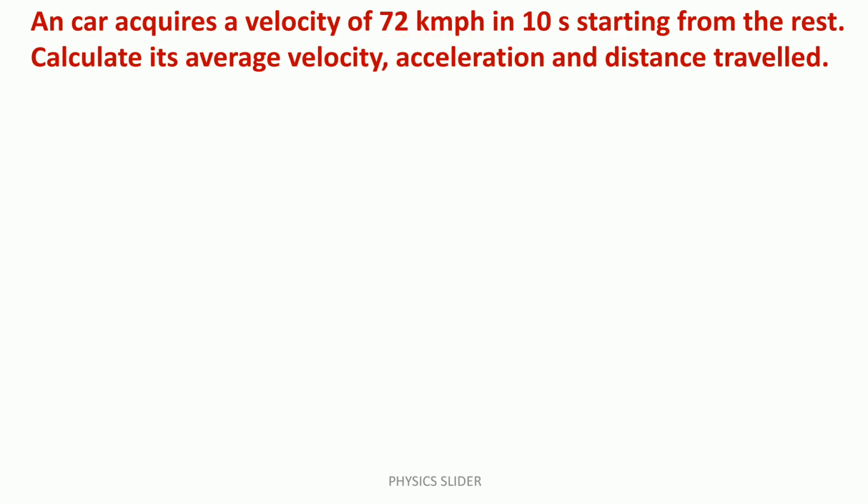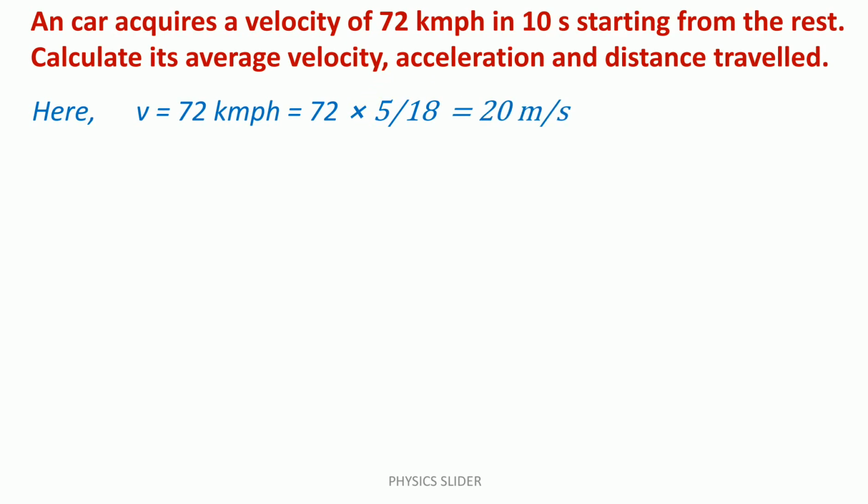So we will say that v, that is final velocity, is equal to 72 km per hour, which, when we convert into meter per second, we will multiply with 5 upon 18. When we multiply this with 5 upon 18, we will get 20 meter per second.